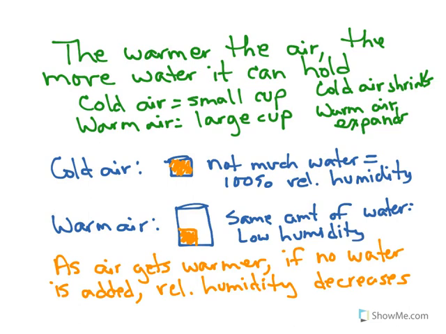Now, in both cases, the important caveat is if no water is added. Of course, if you have more and more evaporation occurring, that's going to add more and more water to the air. So this is based purely on this concept that the amount of water is fixed, and the only thing we're changing is the temperature of the air. So that is humidity. And once you get to 100%, then you've got saturation as well.